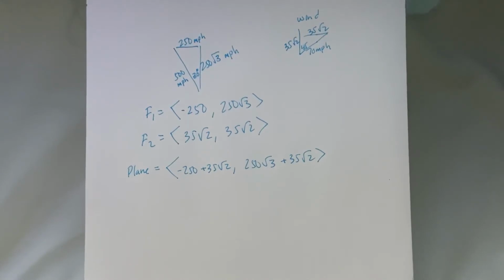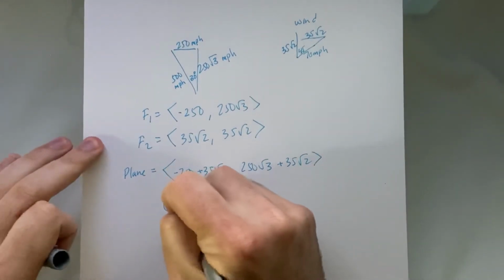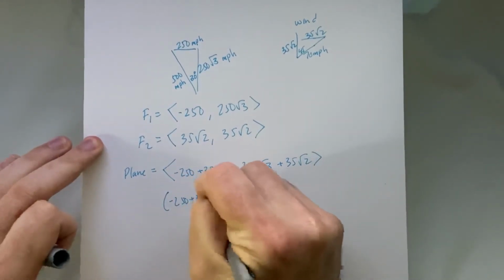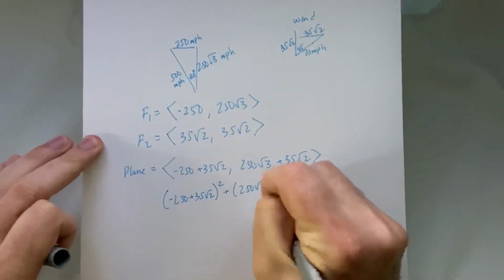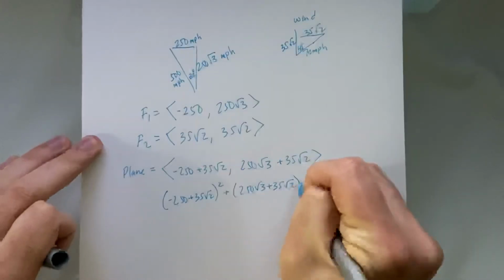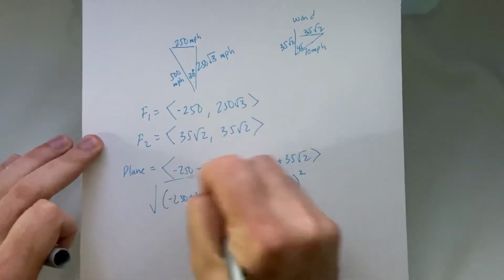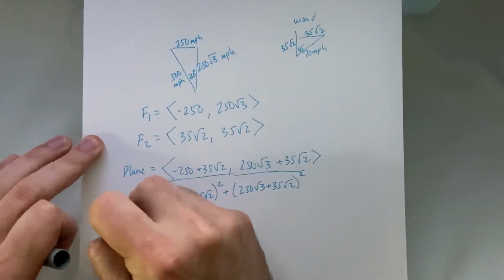It's not really the speed, because in order to find the speed, I would need the magnitude of this thing. To find the magnitude, I would need to do the distance formula. So that would be negative 250 plus 35 root 2, squared, plus 250 root 3 plus 35 root 2, squared, and take the square root of it to get speed.